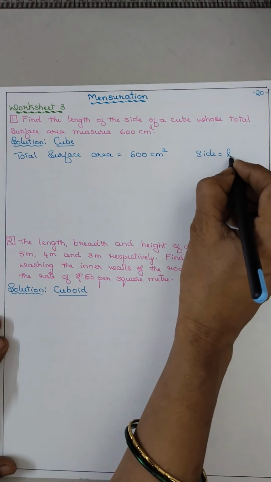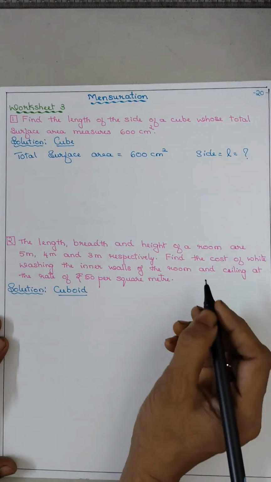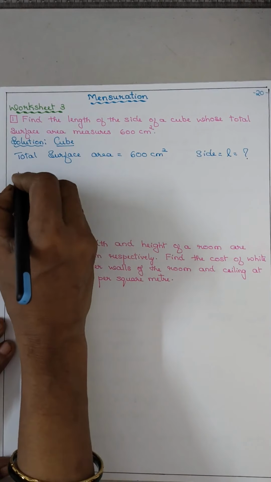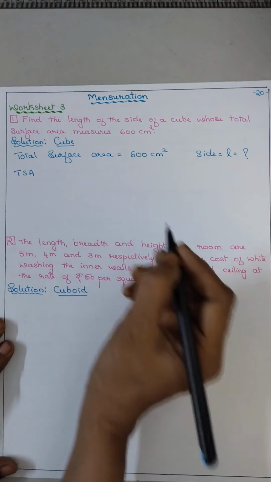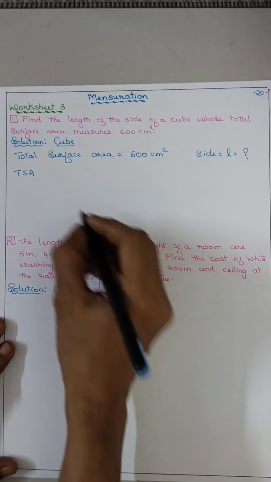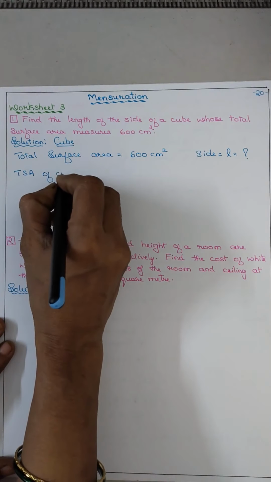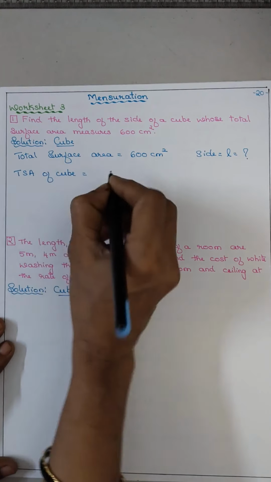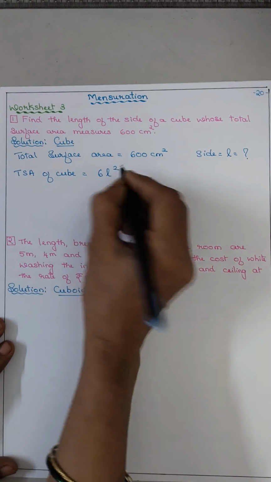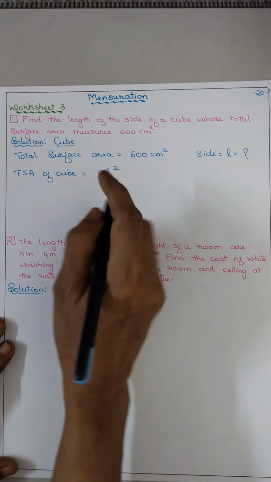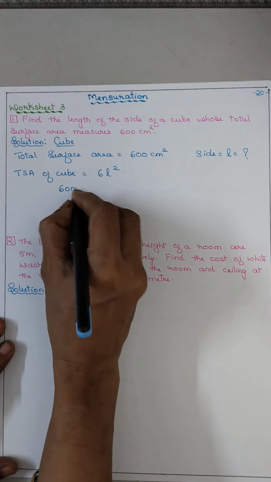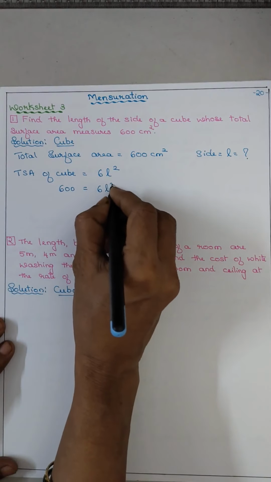Side is L is equal to how much? So write TSA. I am using the short form only now. TSA of cube. What is the formula? 6L square.